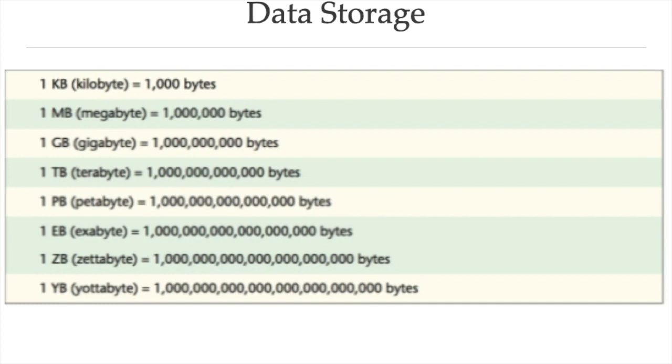Next is 1 exabyte. And then 1 zettabyte. And then 1 yottabyte. And right now, the total storage of the internet is about 1 exabyte.